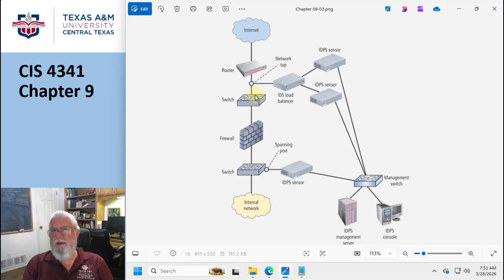Okay, so the sensor range is probably going to be about the same as the access point, right? Kind of makes sense. And detect the use of wireless scanners. If somebody's doing a scan, a drive-by kind of a thing, and they're scanning for wireless, you could easily detect that. And you can detect rogue access points.